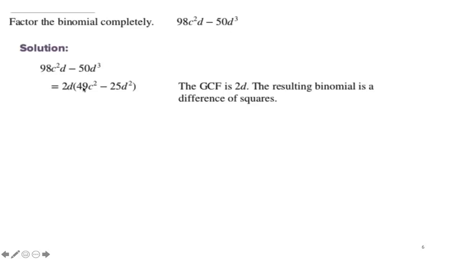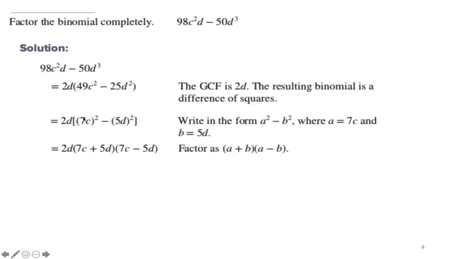We pull it out, and this is what's left. Notice now this is a difference of squares, because this is a square, this is a square, and this is the difference. Again, 7c squared is 49c squared, 5d squared is 25d squared. So now we can apply the previous formula to 7c and 5d: 7c plus 5d, 7c minus 5d.